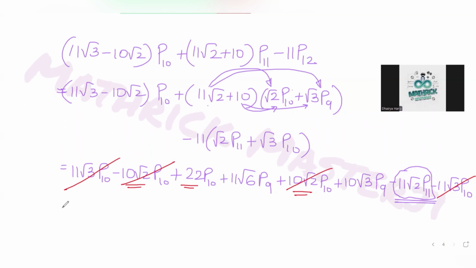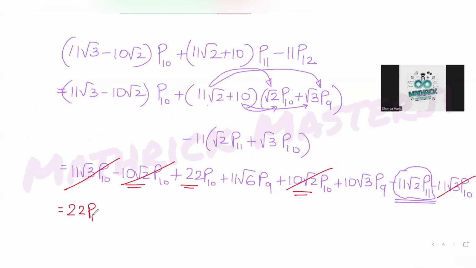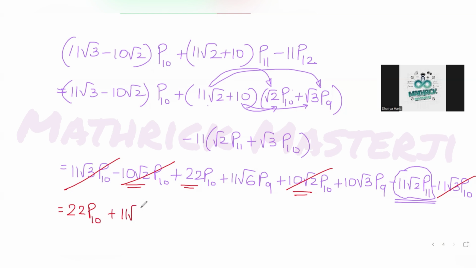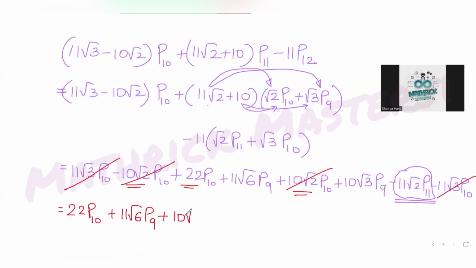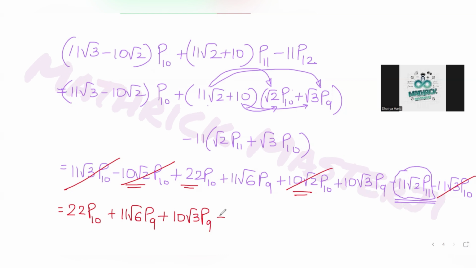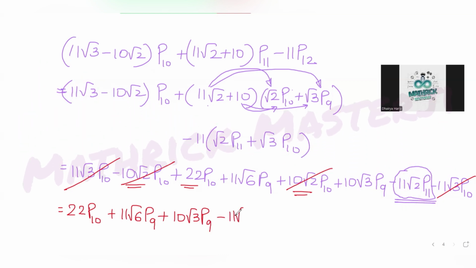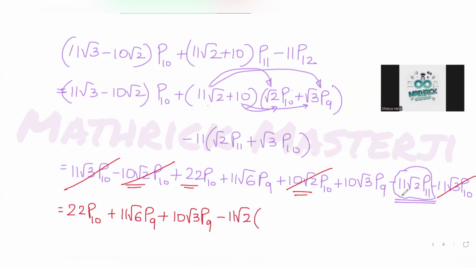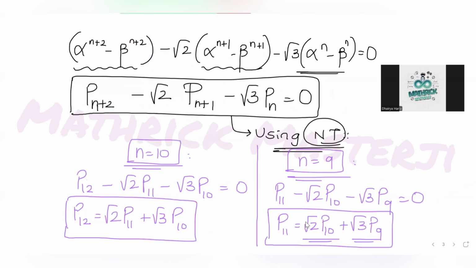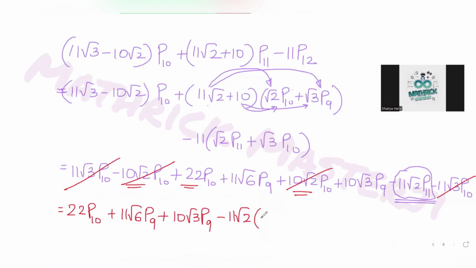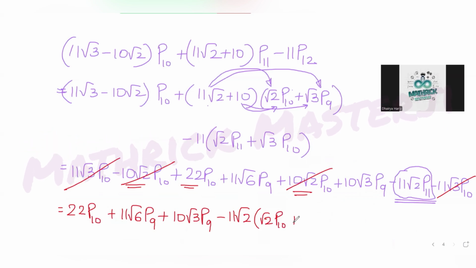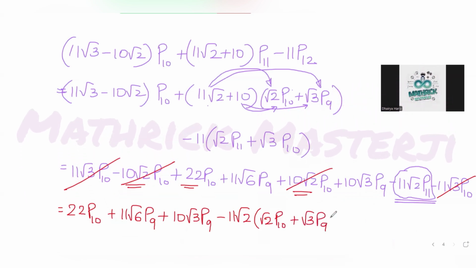So I have 22 P10 with me, 11 root 6 P9, and 10 root 3 P9. Apart from that, 11 root 2 as it is times P11. P11 we already had as root 2 times P10 plus root 3 times P9.